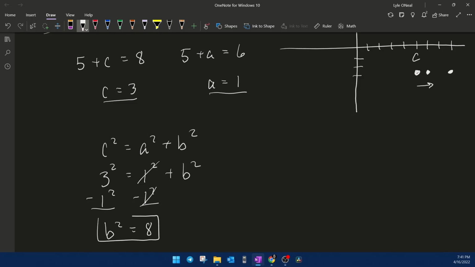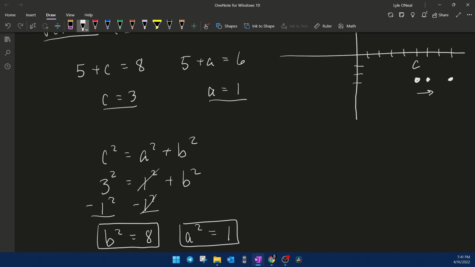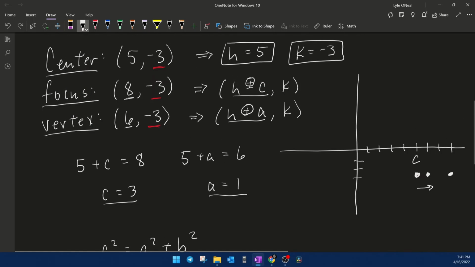And remember, I don't need b, I need b squared. I also need a squared. A was 1 though, so a squared will also be 1. And together with my values for h and k, we're going to be able to write this equation now.